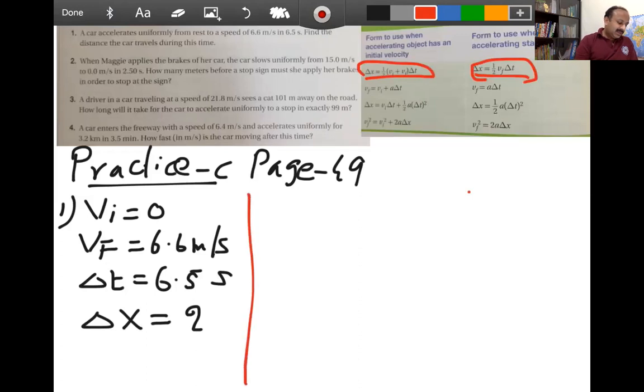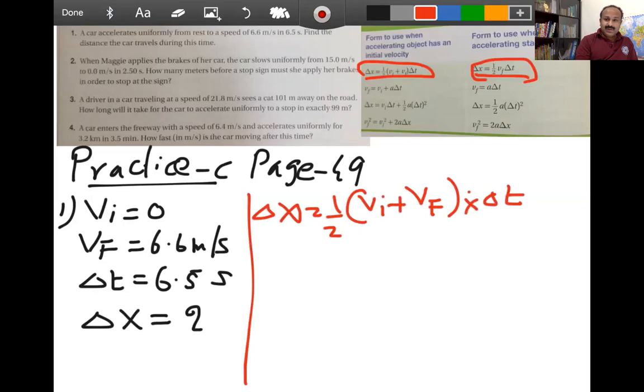So the equation you are going to use is delta x is equal to half into vi plus vf into delta t. Since your vi is 0, since you start from rest, your equation will reduce to delta x is equal to half into vf into delta t. This is such a simple problem.